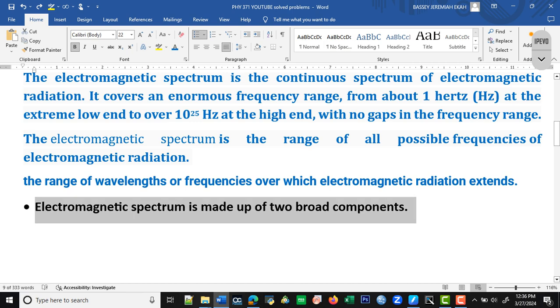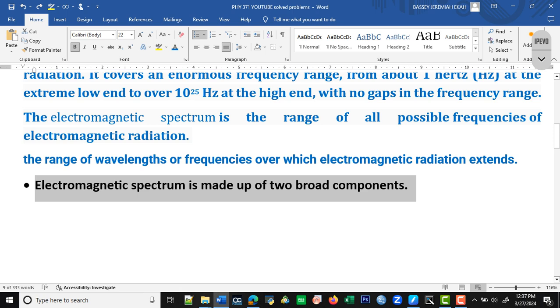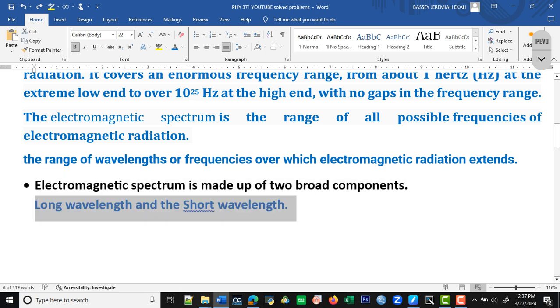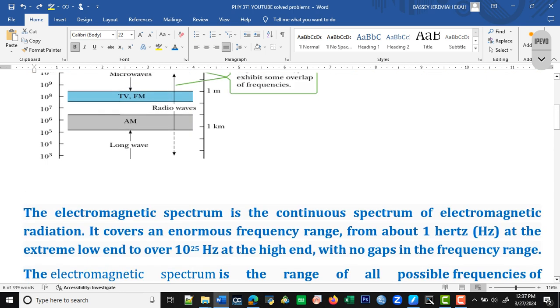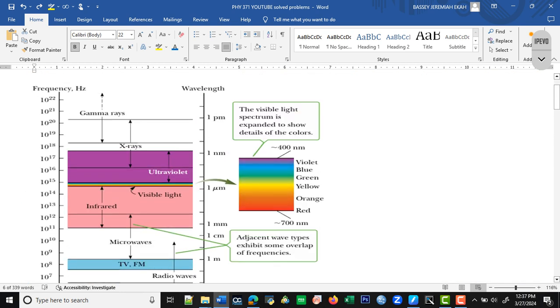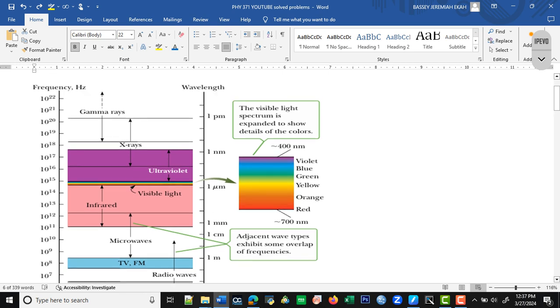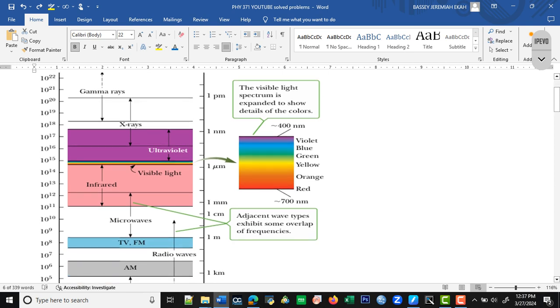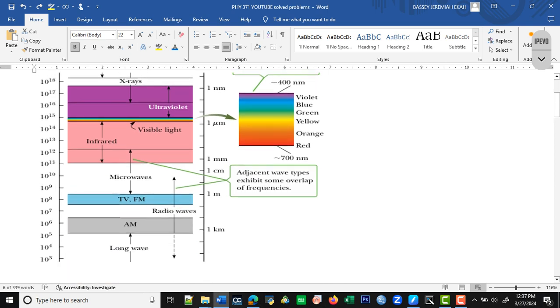The next question says, the electromagnetic spectrum is made up of two broad components. What are they? The components include the long wavelength and the short wavelength. If we go back to the figure here, you can see that by my left we have frequency and by my right we have the wavelength. When the wavelength is longer, it has weaker penetration.